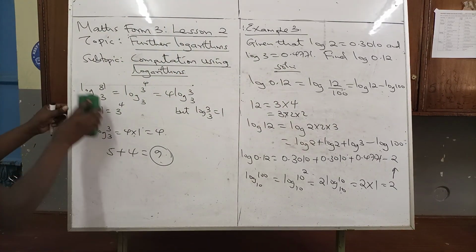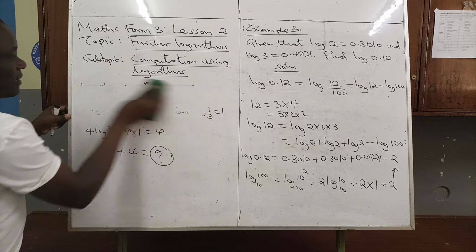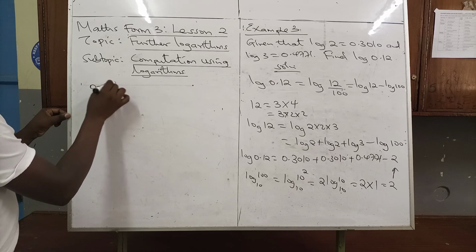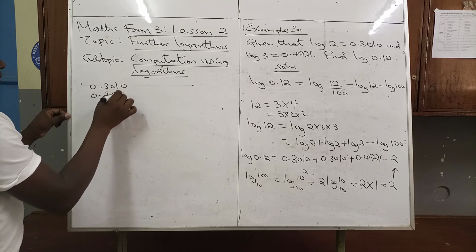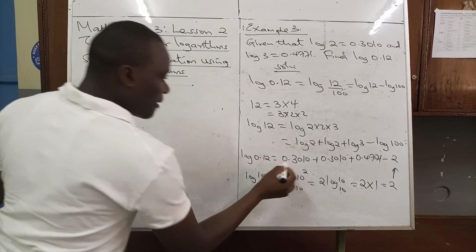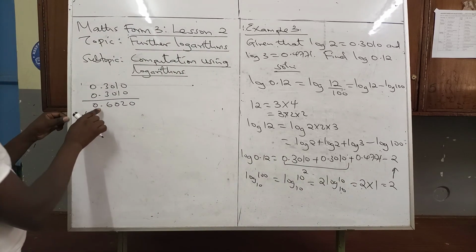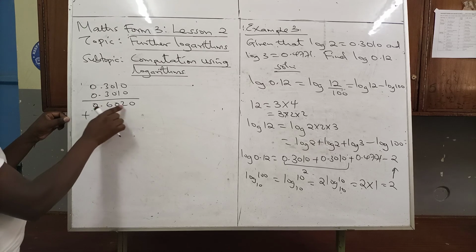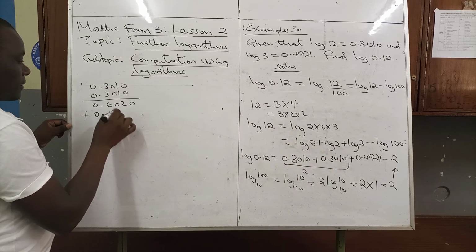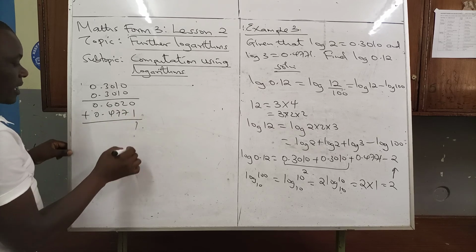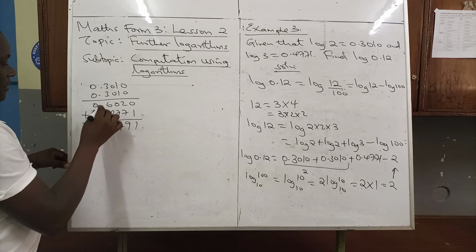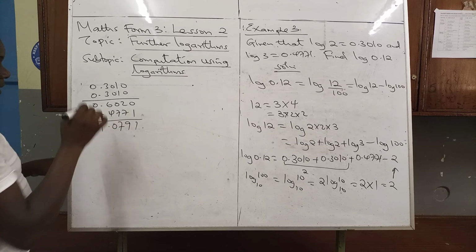Now I will come back here and add. We have 0.3010 plus 0.3010, which gives me 0.6020. Then plus 0.4771, which gives you 1.0791.